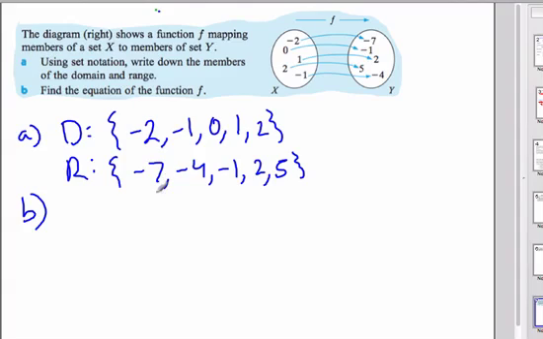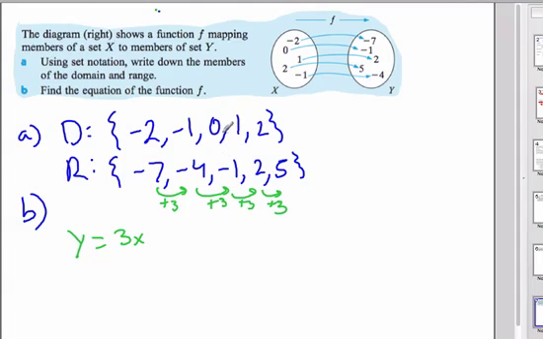So let's look at the function and the difference of the values in the range. If you look at the range, the values are going up by 3 each time. So that means when you have your equation, you're definitely going to have a 3x here, because that's your rate of change of the x values. And let's figure out what the other part is, what the y-intercept is. It's going to be plus or minus some number.